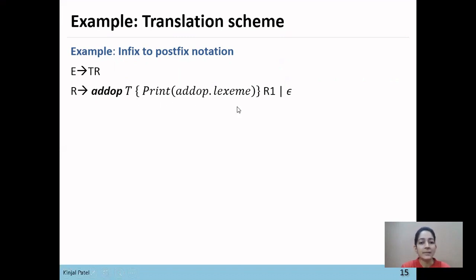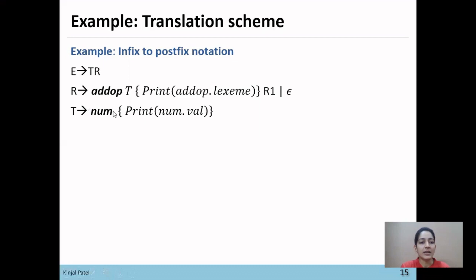Then here curly braces represent the translation scheme. Means the semantic rules enclosed in these curly braces will be executed. So print addop.lexeme, means here is the reference of that operator, and in these curly braces this operator will get printed. Then R1 or null, or T derives number.